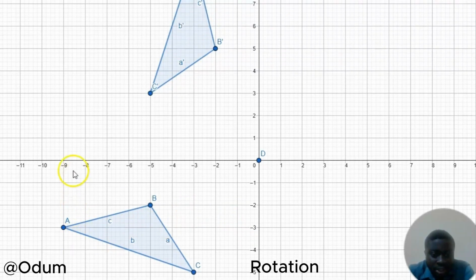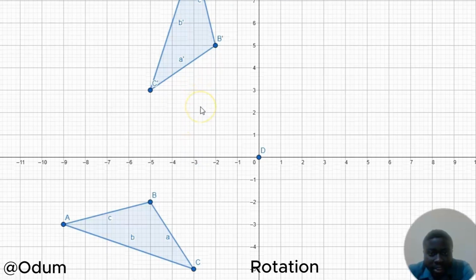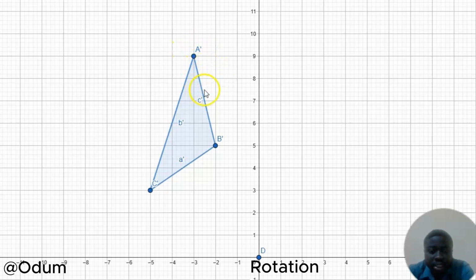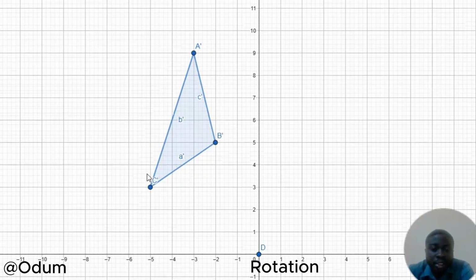So for A, which is minus 9, minus 3, if you interchange and negate x, you're going to get minus 3, 9. That is what we have here. And the same is true for the remaining points.